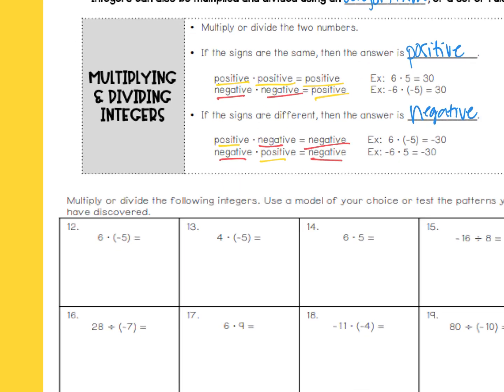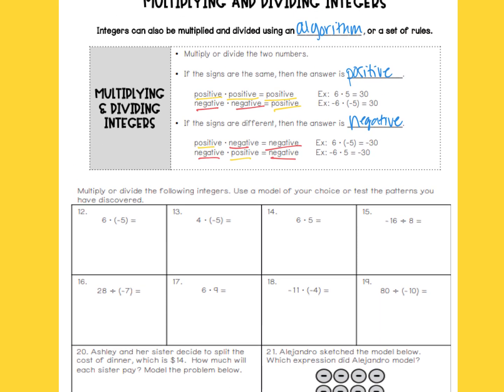So let's look at number 12. Number 12 says 6 times negative 5. So 6 is positive and negative 5 is negative. We have different signs, so our answer will be negative, and 6 times negative 5 will be negative 30.